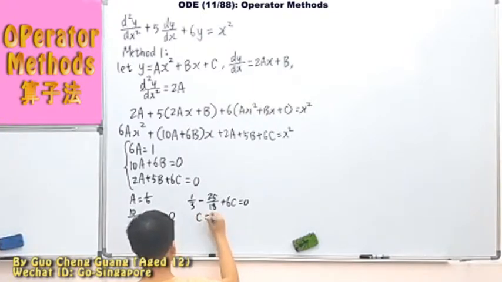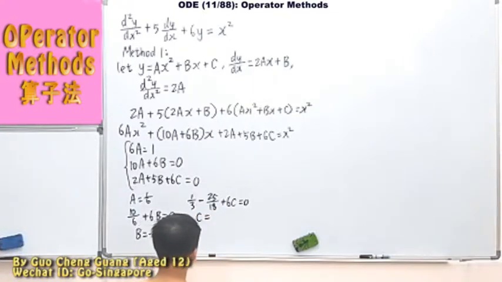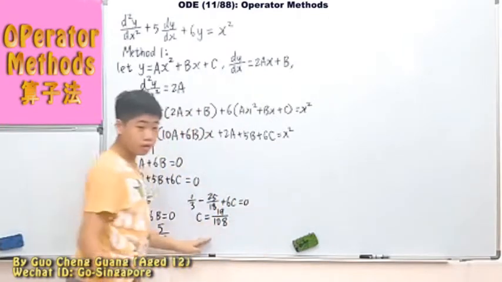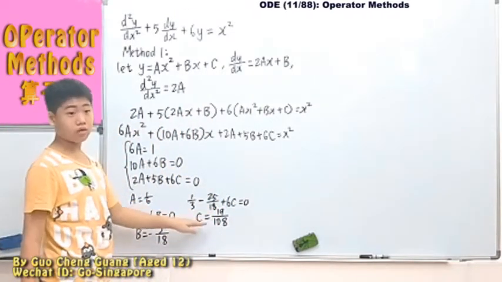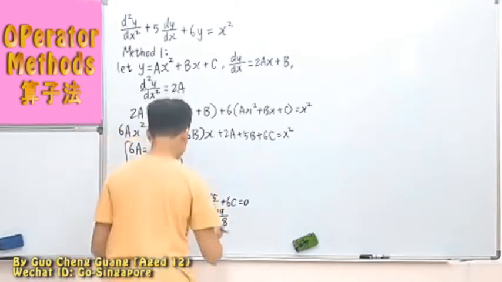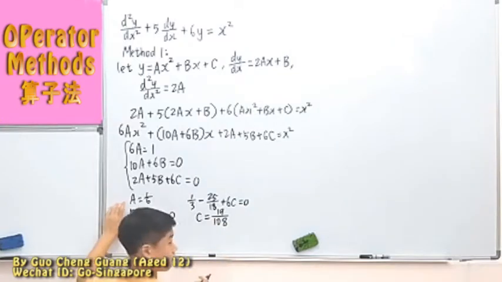From this part, you find c as 19 over 108, as you move to the other side and divide. So we have found a, b, and c.